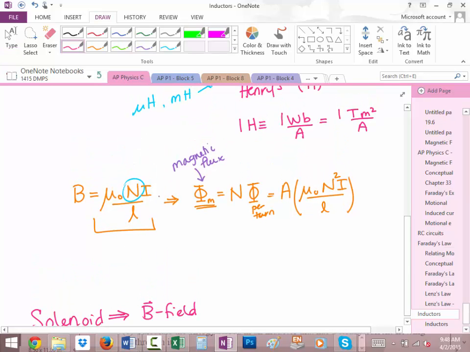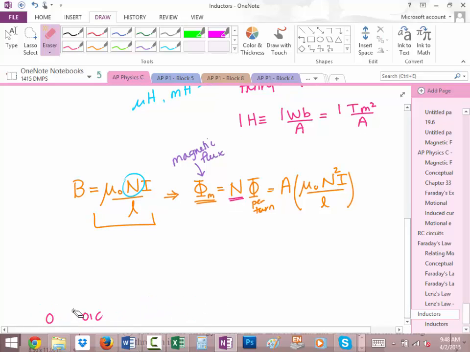So that's where this N comes from, and that's where this N comes from, which is why we've got N squared. Life okay? Okay, so let me erase that. If this is your flux, and inductance is flux per, oops, not per L, per I, divided by I, then we can put stuff together.